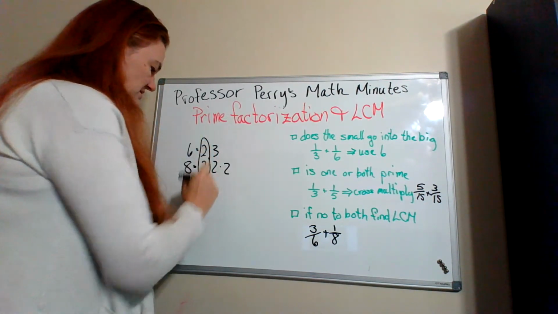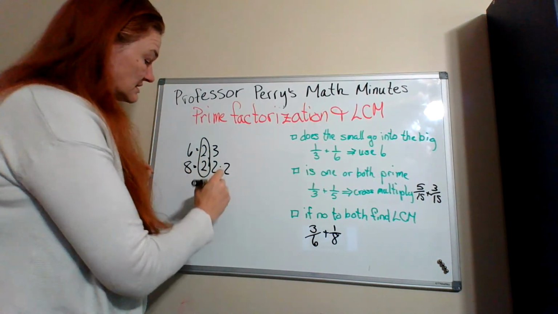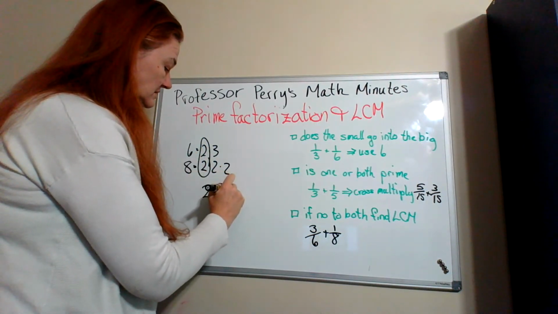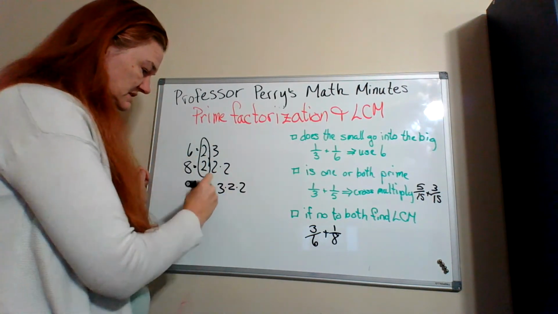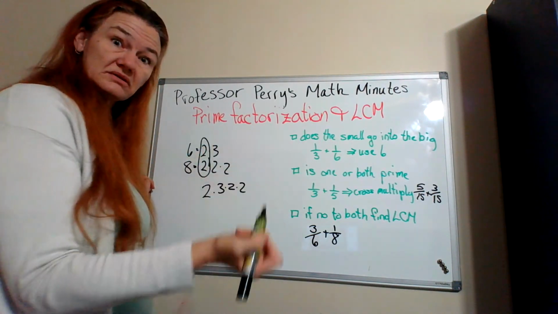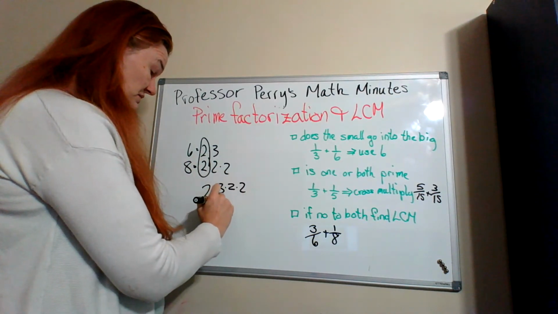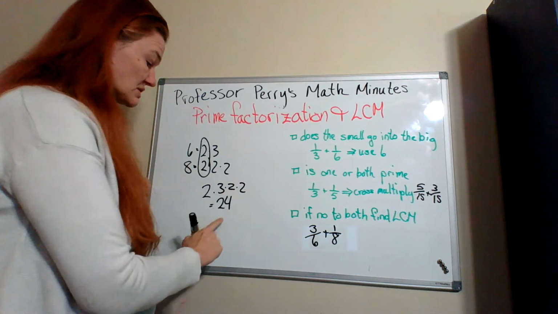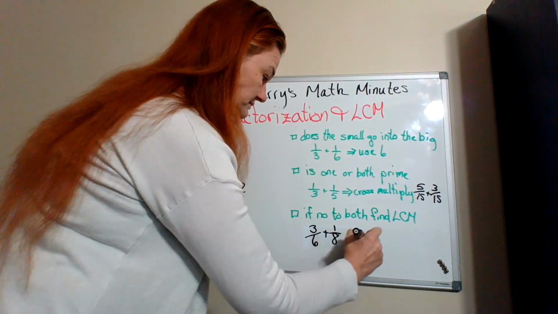I have a set of 2s. So I'm only going to write that down once. Then I have the 3 and two 2s left together. We figured out just a little bit ago that 2 times 3 times 2 times 2 equals 24. So I know that the least common multiple is going to be 24.